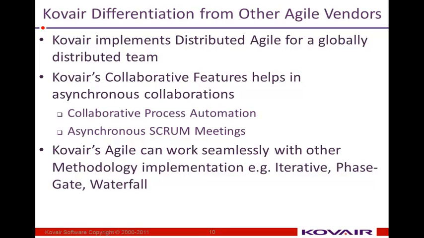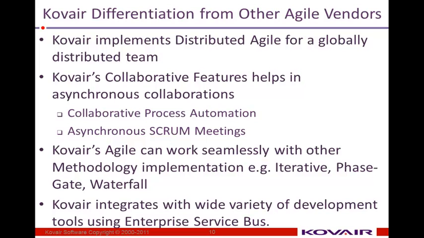Not only that, using Kovair as a platform, you can extend the Agile to whatever is necessary 6 months, 1 year down the line, which may not be possible for the Agile from other vendors. And finally, Kovair has the unique enterprise service bus integration technology called Omnibus, which allows you to integrate with so many different tools. Now, the other Agile vendors also offer integration, but those integrations are point-to-point.